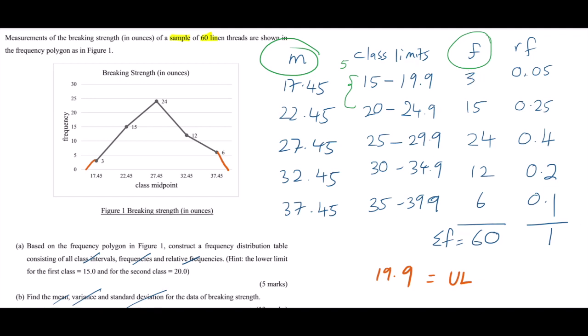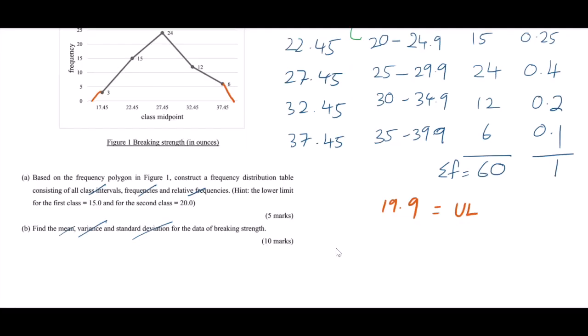So you try it out, and I would leave you with the answers. So X bar is 27.7. The sample variance is 26.6314, and finally the standard deviation is 5.1606.